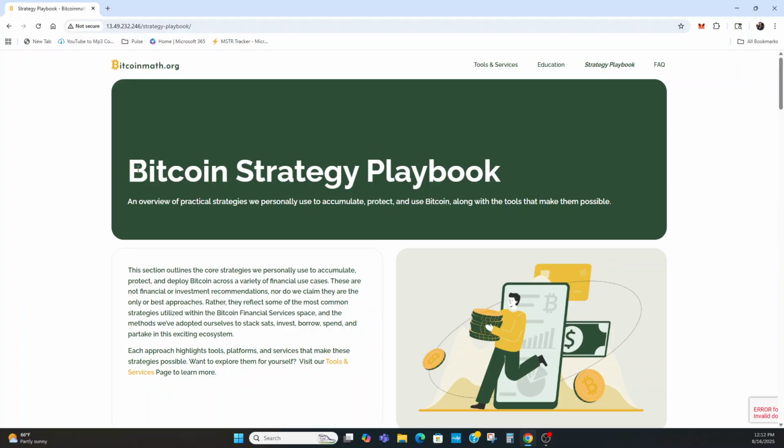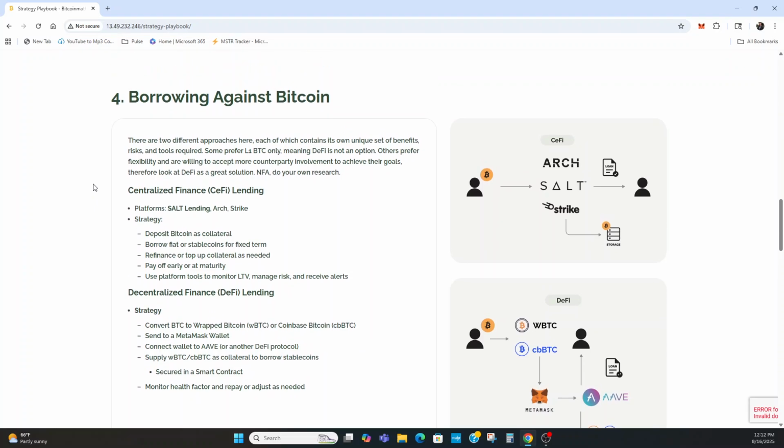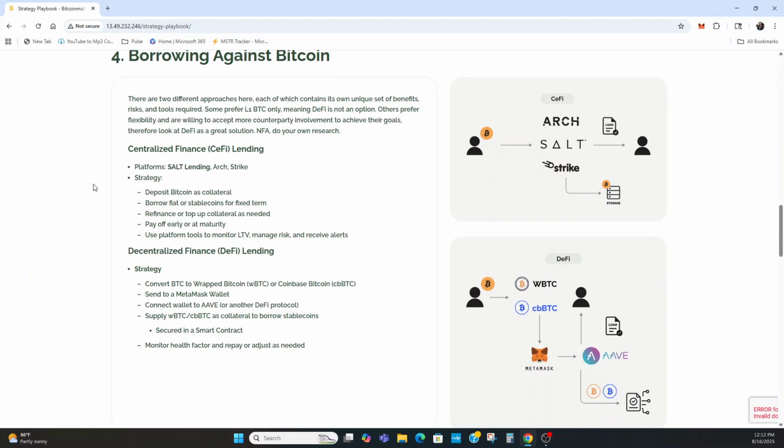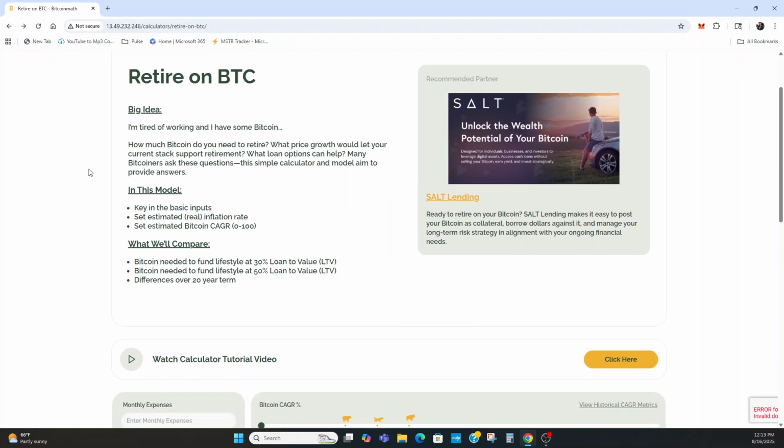We've also done a video on this where we've included a couple of our favorite ways to borrow against Bitcoin. We've included some simple infographics here as well, so you can see what the process looks like across these two completely different processes and series of tools, pros, cons, risks, etc., for ultimately being able to borrow against your Bitcoin. So in this particular model, we're not really saying how you could or should borrow against your Bitcoin. We're just showing the raw data.